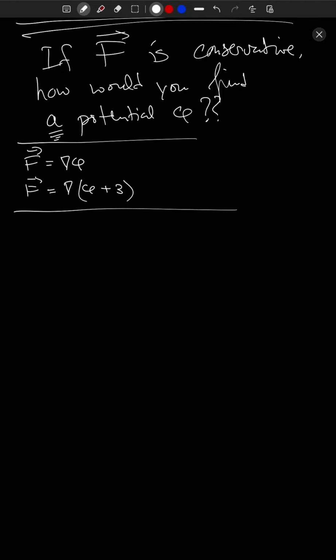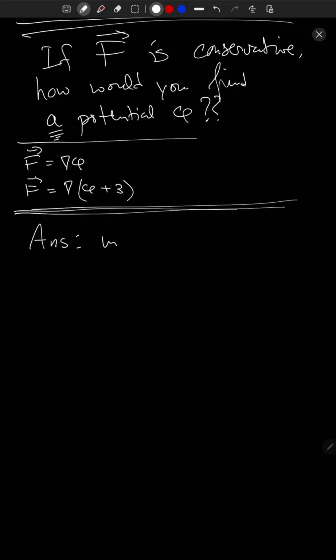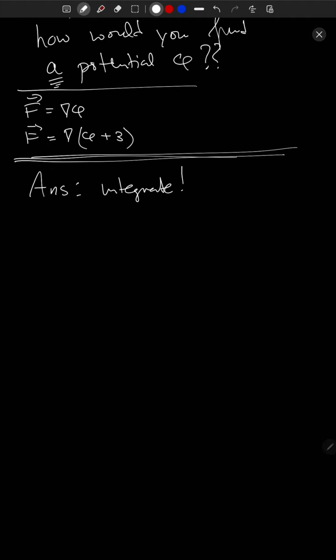Let's answer that question just by example, and it's pretty straightforward. How would you find it? The answer is integrate. So let's do a big-ish example, just so that we can see lots of features here.